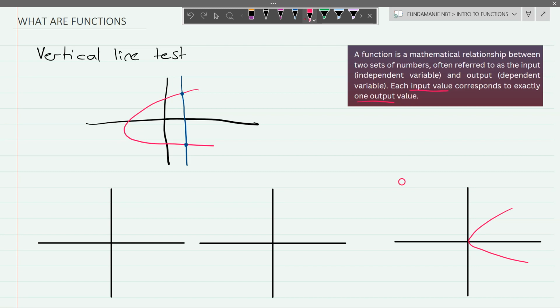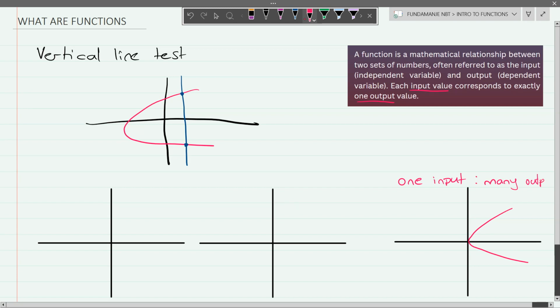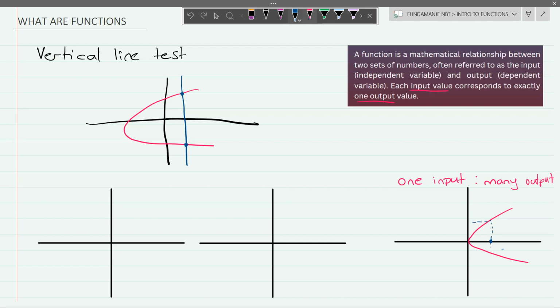So whenever we have one input corresponding to many outputs, then we know we are not working with a function. So here for a given input, we have two unique output values, which is incorrect. This is a one-to-many type of relation, and we say that this is not a function.